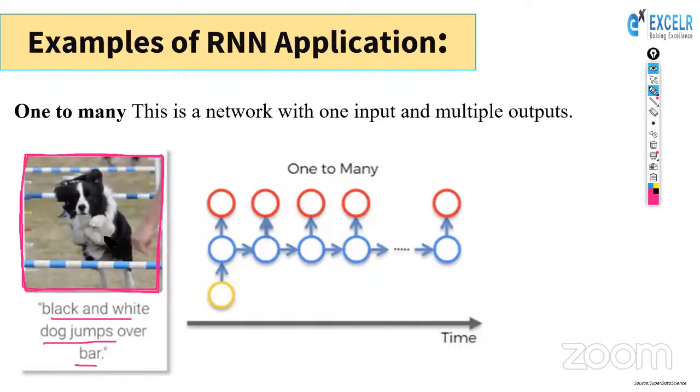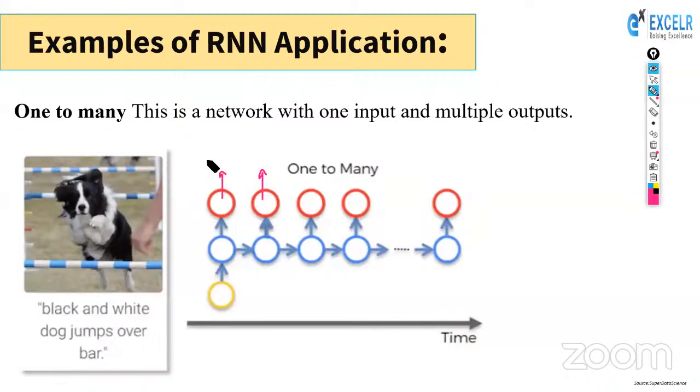So we have only a single image as an input, but what we are generating is a sentence with a number of words. Each and every word is an output from one output node.